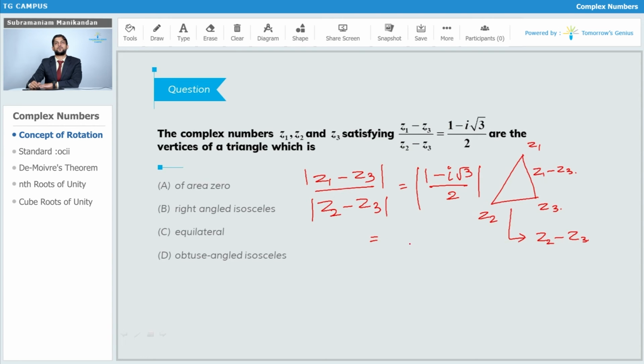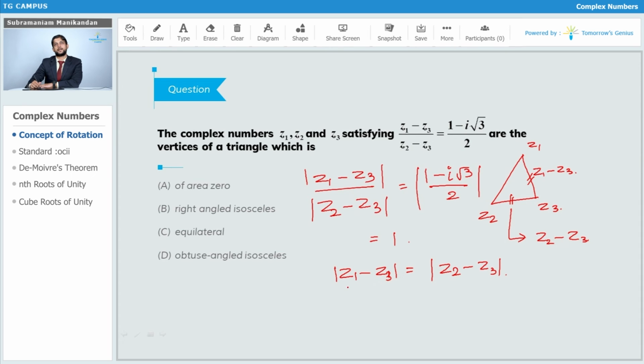And that we know is equal to 1. So this gives us z1 minus z3's modulus is equal to modulus of z2 minus z3. And so this gives us that the two adjacent sides of this triangle are equal. So therefore, at least this is an isosceles triangle, right?